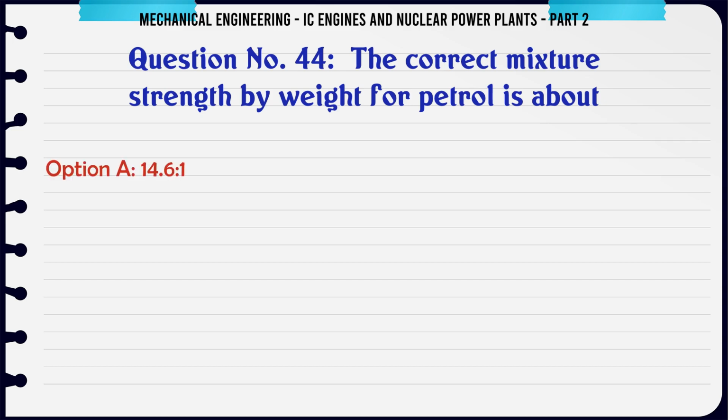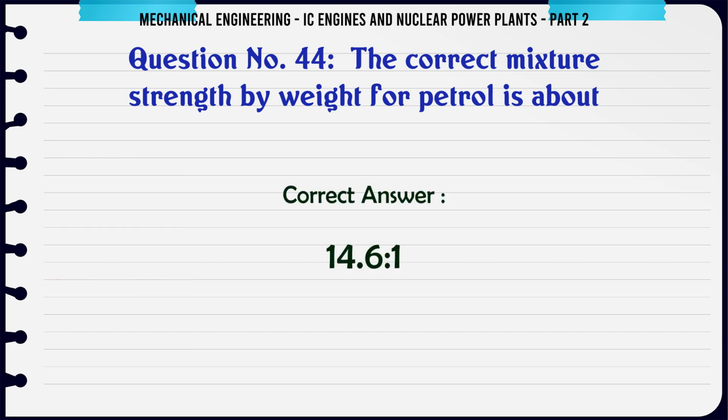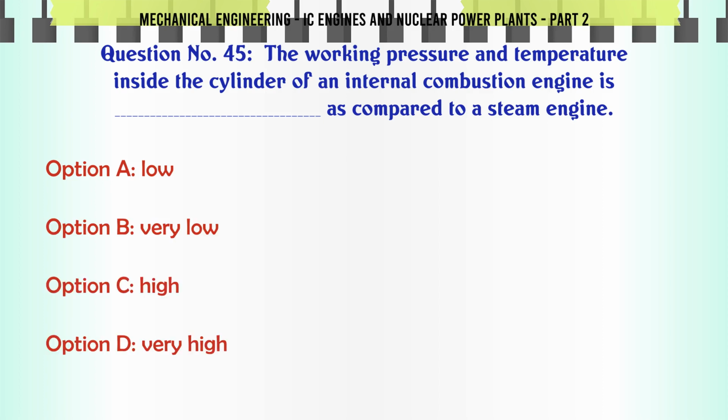The correct mixture strength by weight for petrol is about A. 14.61, B. 18.51, C. 20.41, D. 22.61. The correct answer is 14.61.